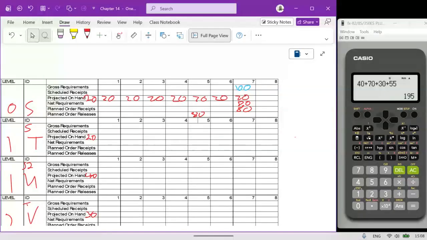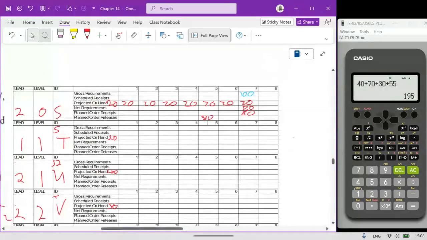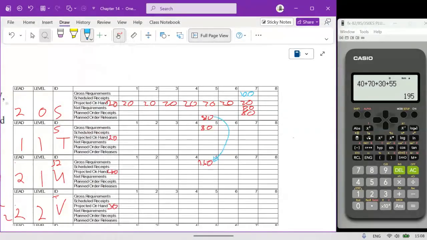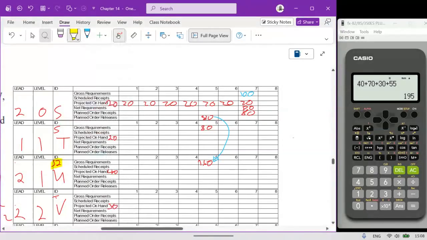Then you look at T. T comes from S, so it takes S immediately. And also U comes from S and is times 2, so it multiplies that to be 160. So meaning what I just did here, this one also gets to be affected. We are now using the data that we have punched in here.